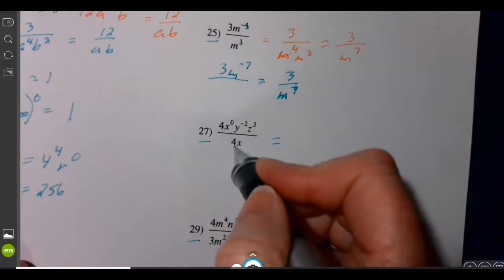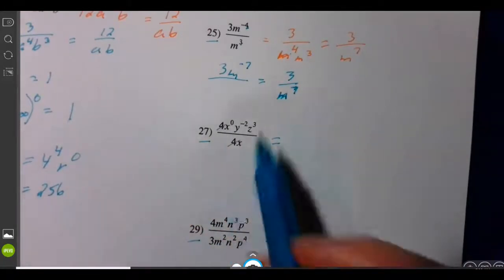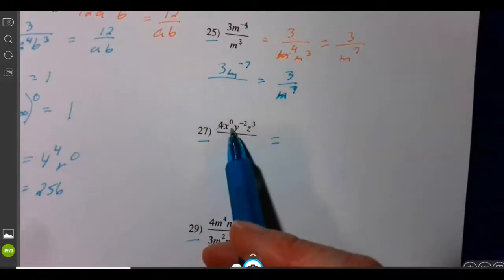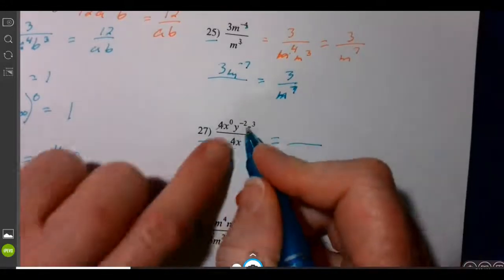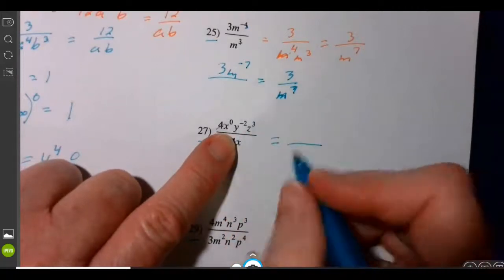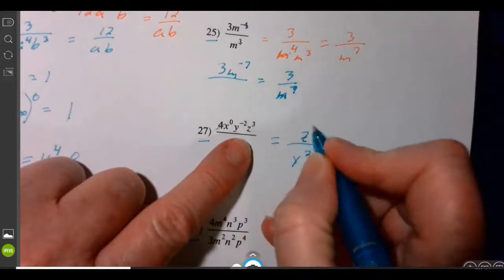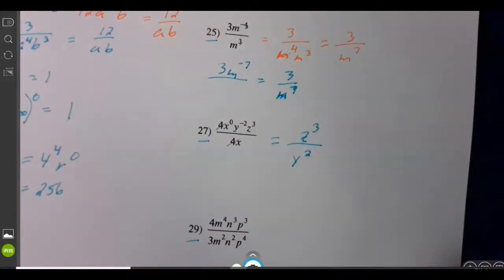Notice I have a 4 on the top and the 4 on the bottom. Those cancel out, just like I would with fractions. I have an x to the 0. Well, that's 1, so that doesn't do anything. Y to the negative 2, when I have a negative exponent, it goes to its opposite place. It's in the numerator, it goes to the denominator. And then Z has a positive exponent. It just hangs out. It doesn't go too far.